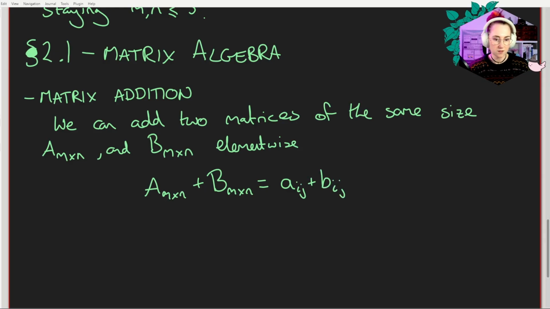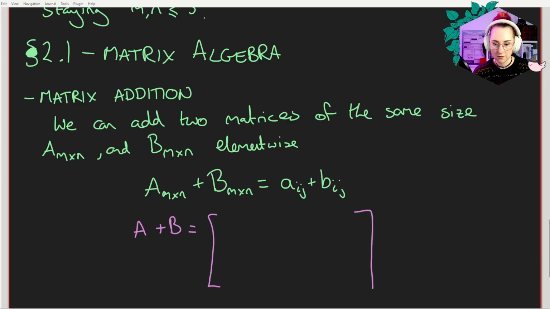Okay, so if I was going to write that out in full, I would have A plus B is A11 plus B11 in the first entry, and then this is why matrices, as I say, get really big really fast because I'm not doing any delineation.